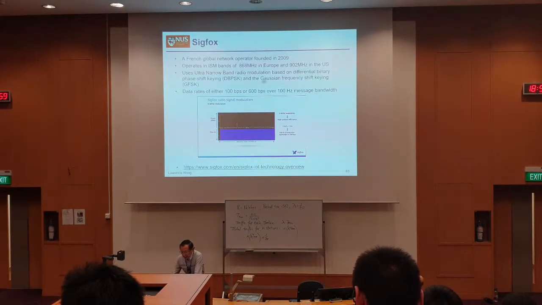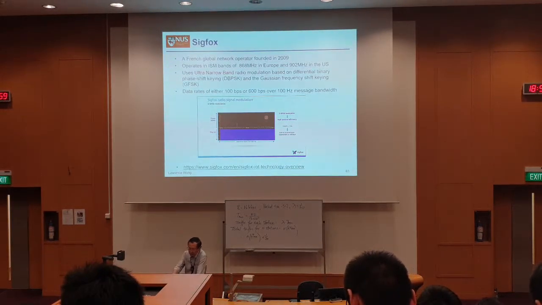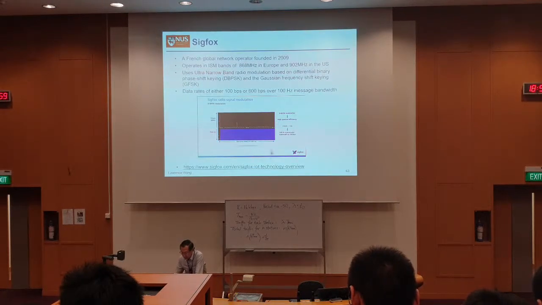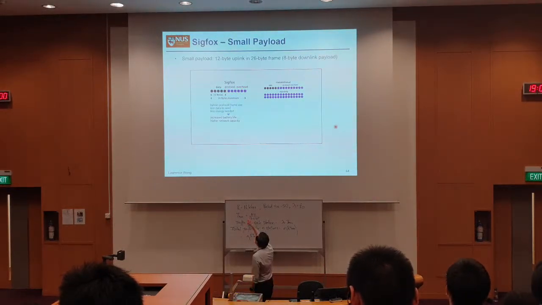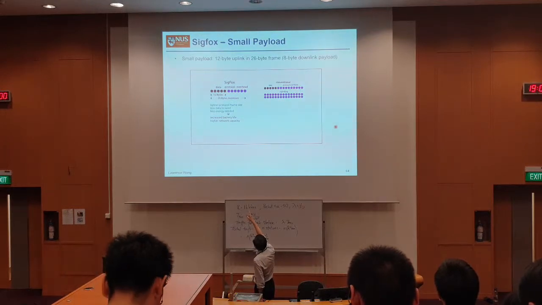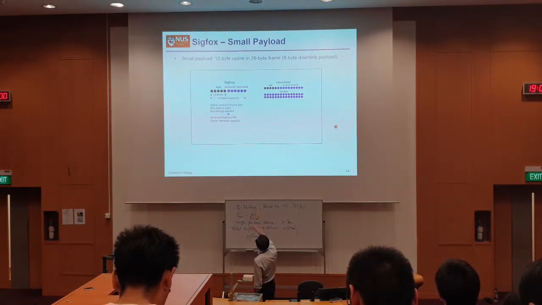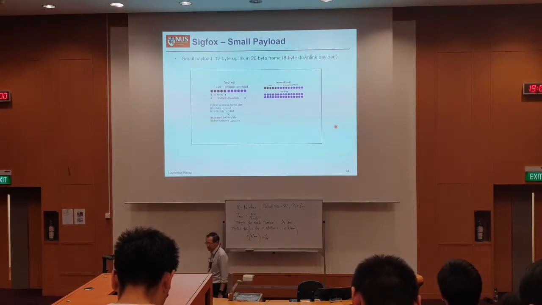This is the modulation scheme that it uses, DPSK. And again, there are videos that tell you in detail how this modulation scheme works if you're interested in the digital communications part. I won't go into that. It's inside this link. But it has very small packets: 12 bytes of data, and the other 14 bytes are overhead.